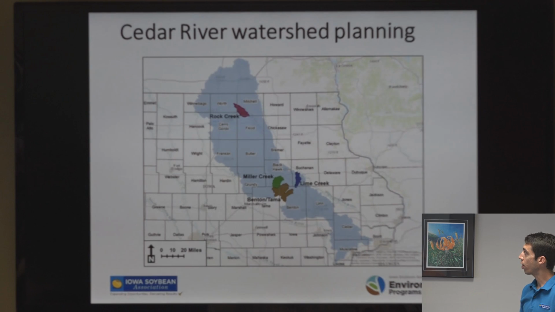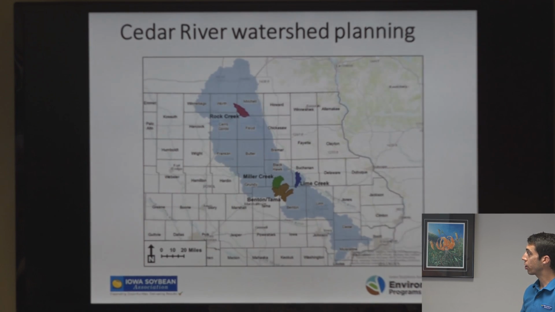But Miller Creek is just one watershed, one of 2 HUC 12 watersheds within this broader Cedar River Basin. And Iowa Soybean Association has also worked on 3 other watershed plans in the Cedar River watershed. The Fenton Mo Watershed is part of the Fenton Mo Nutrient Reduction Demonstration Project, which is also part of the Cedar Rapids Regional Conservation Partnership Program project, which we'll hear more about.